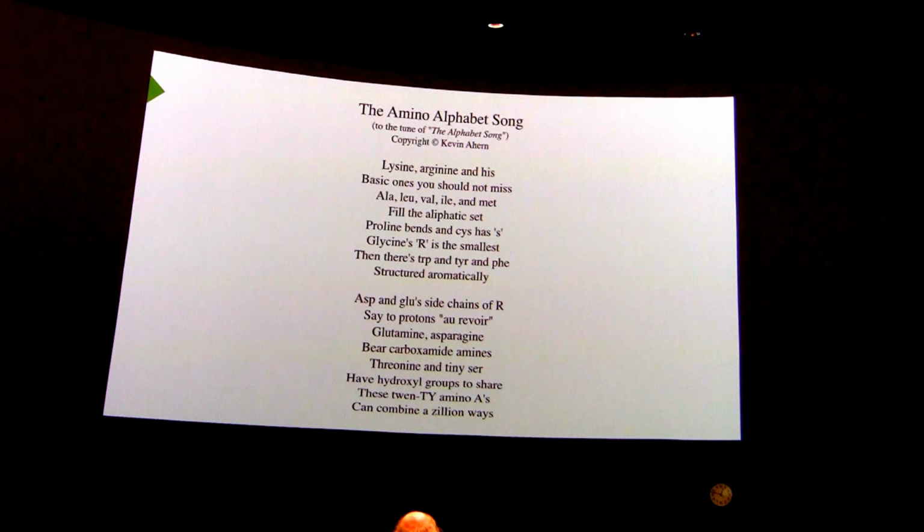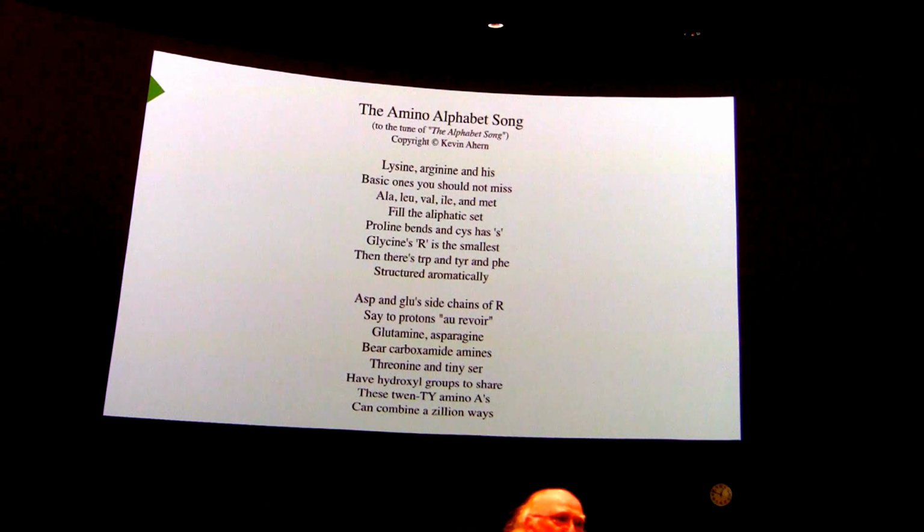Lysine, arginine, and his basic ones you should not miss. Ala, ile, leu, val, and met fill the aliphatic set. Proline, bends, and cys has S. Glycine's R is the smallest. Then there's trp and tyr and phe, structured aromatically.